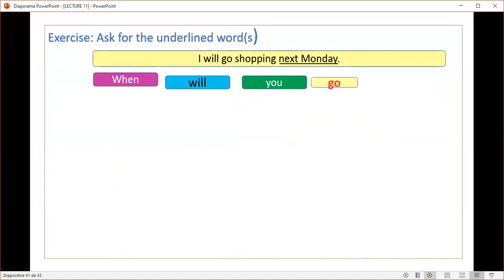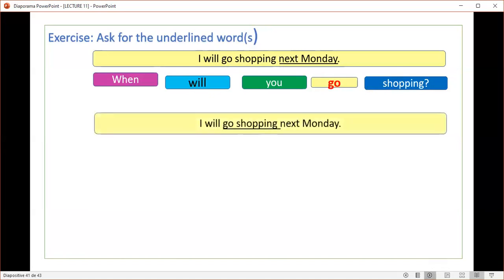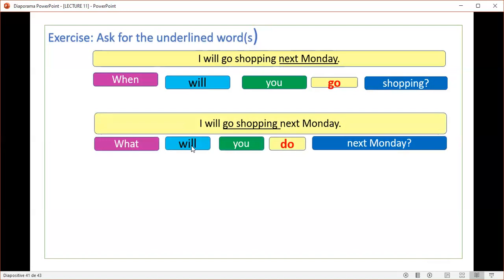Here you have examples. So, when will you go shopping? Answer, I will go shopping next Monday. What will you do next Monday?